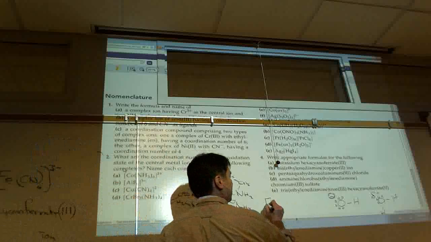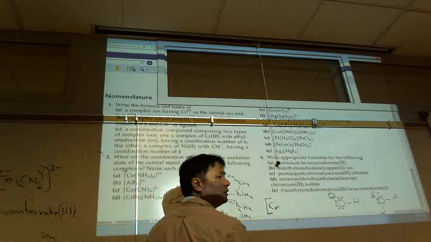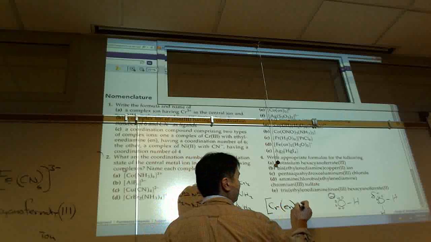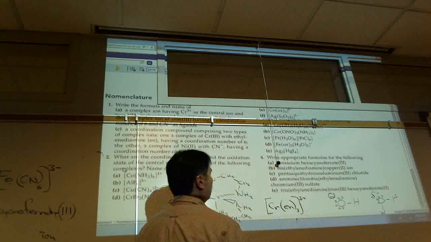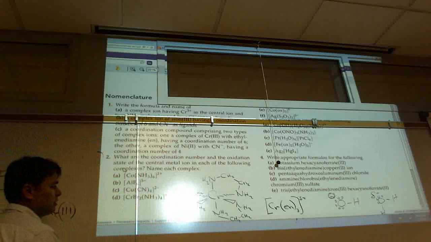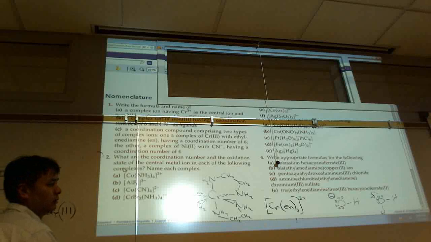The formula for this is Cr(en)3, charge 3 plus. Ethylene diamines are neutral. And the name for this? Actually, we named this already. Tris(ethylene diamine)chromium 3. Good.